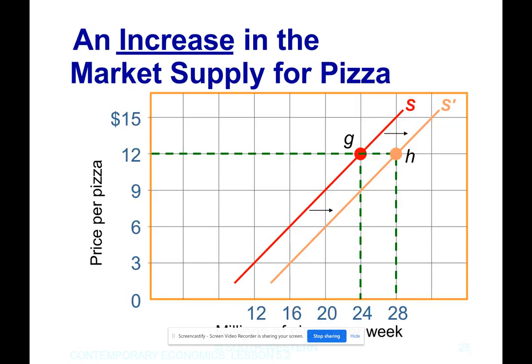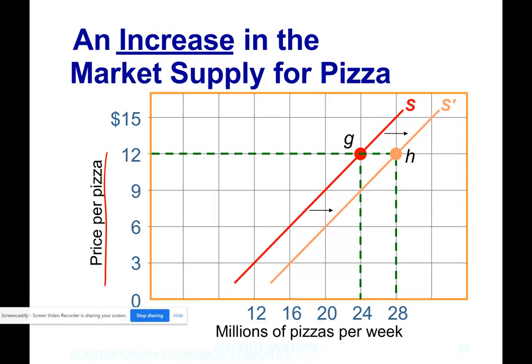Okay. This is one of the charts that I was talking about from page 144. An increase in the market supply for pizza, right? Here are the prices. We see millions of pizzas per week down here. We can increase the supply for pizza, even if it's still at $12, right?